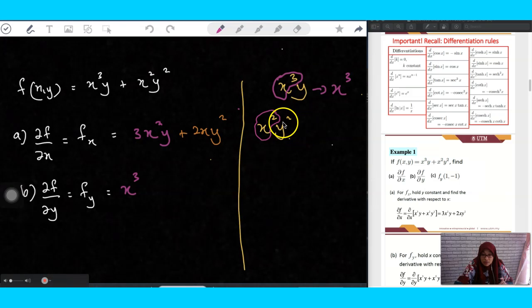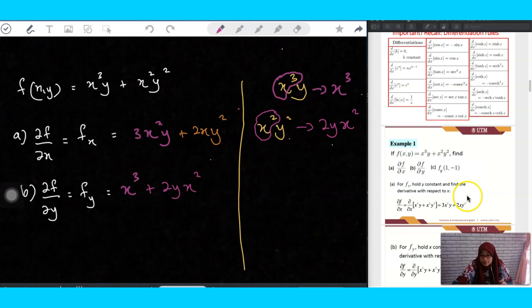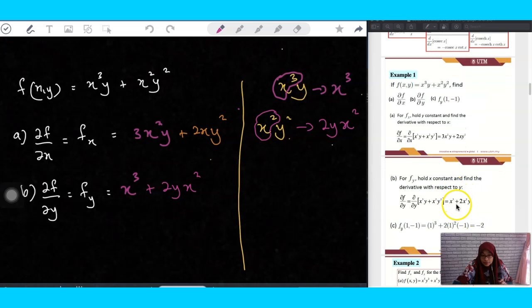Now ask yourself what happens if you differentiate y squared with respect to y. So you will get 2y x squared. So that is your answer. So you got this one.